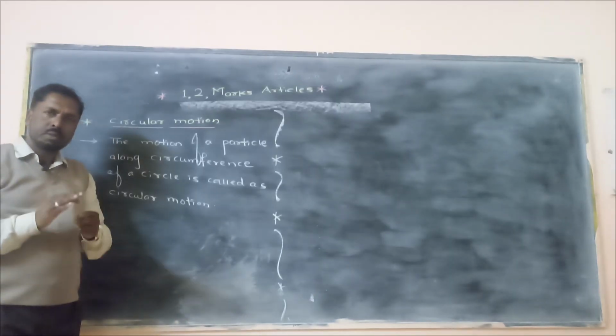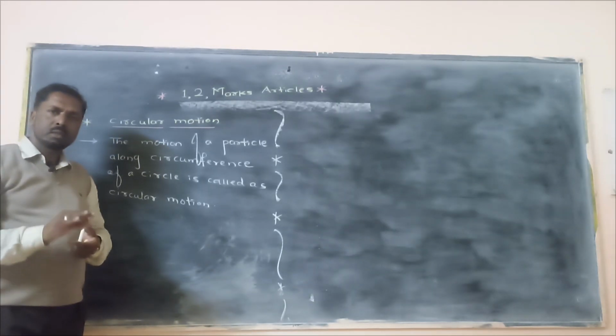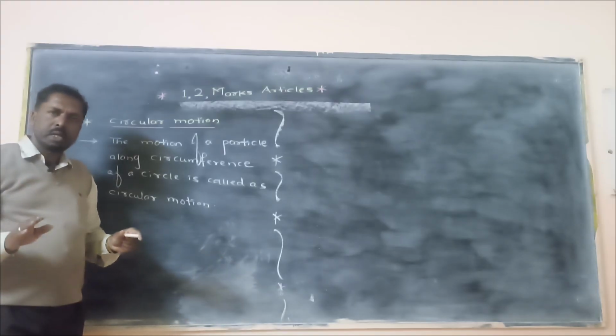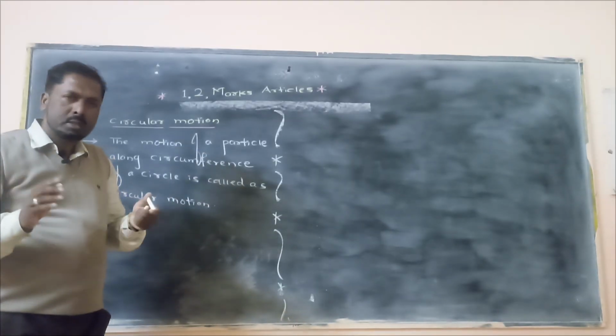The most important point about circular motion is that the speed does not remain constant. It means the speed or the velocity varies.